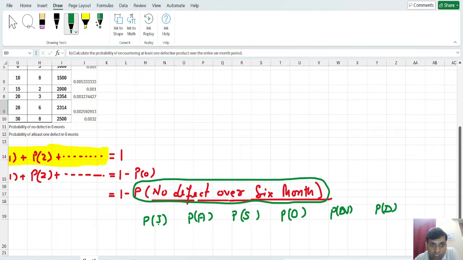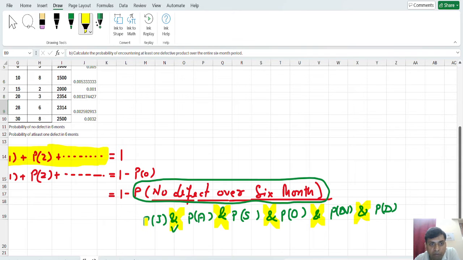So the probability in July and August and September and October and November and December. This 'and' means multiply. So we will multiply all these probabilities.